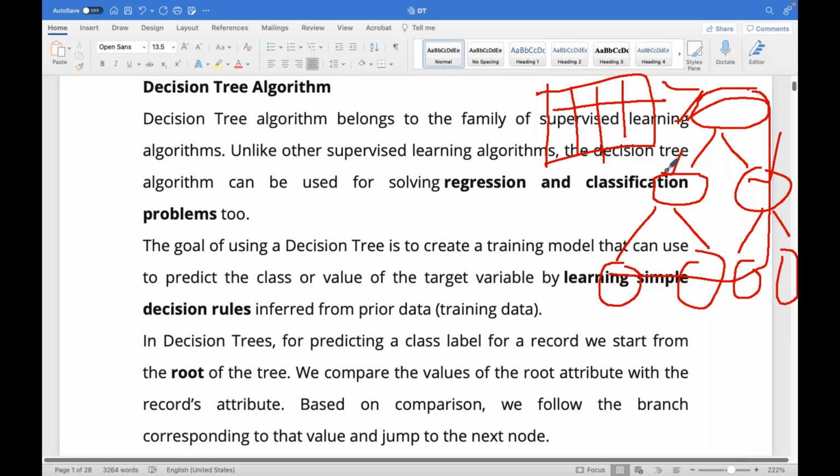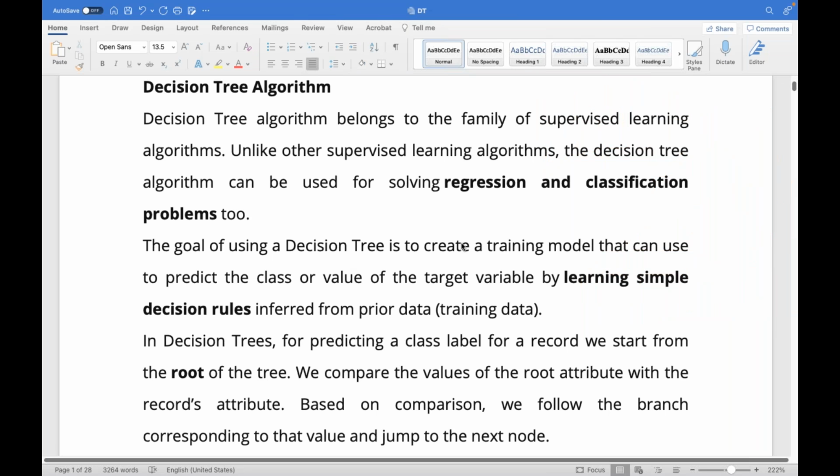This is a node, and this one is also a node, but this is the root node. At the last stage, if you are unable to split into other parts, that kind of node we call a leaf node. From root node to leaf node, we split into different steps, nodes and branches based upon some rules. What the rules are, we can understand in the continuation.